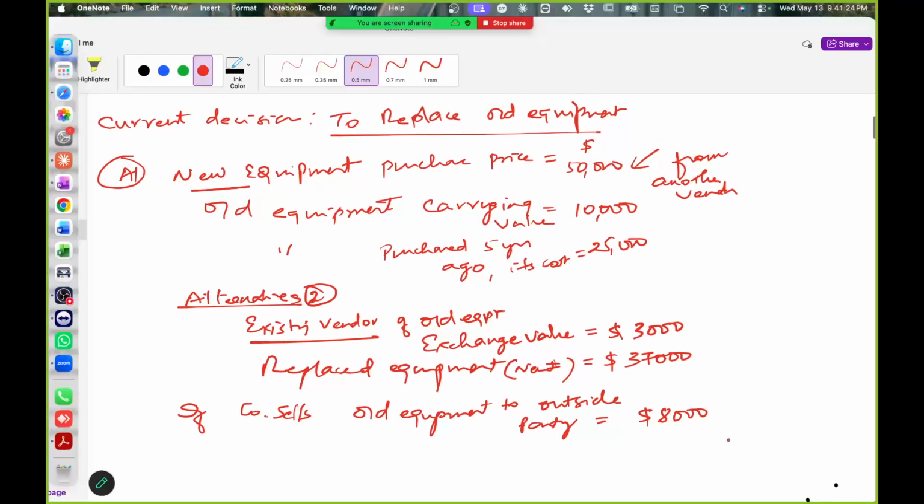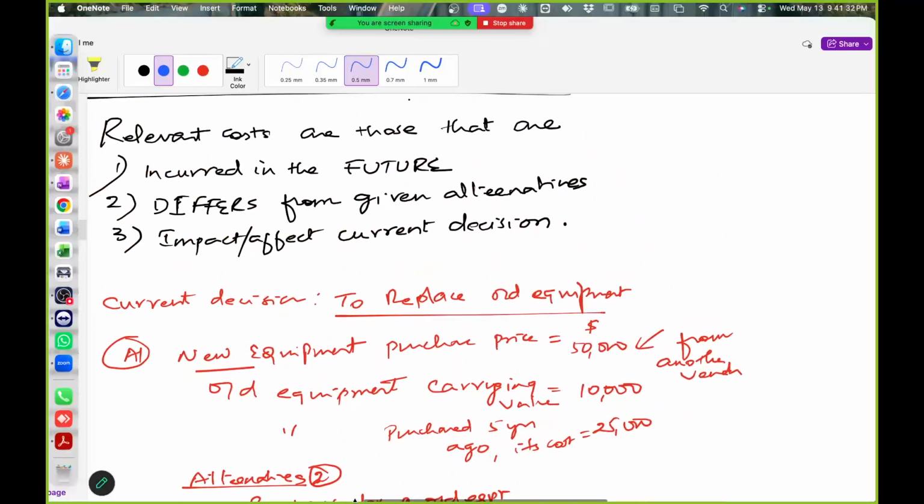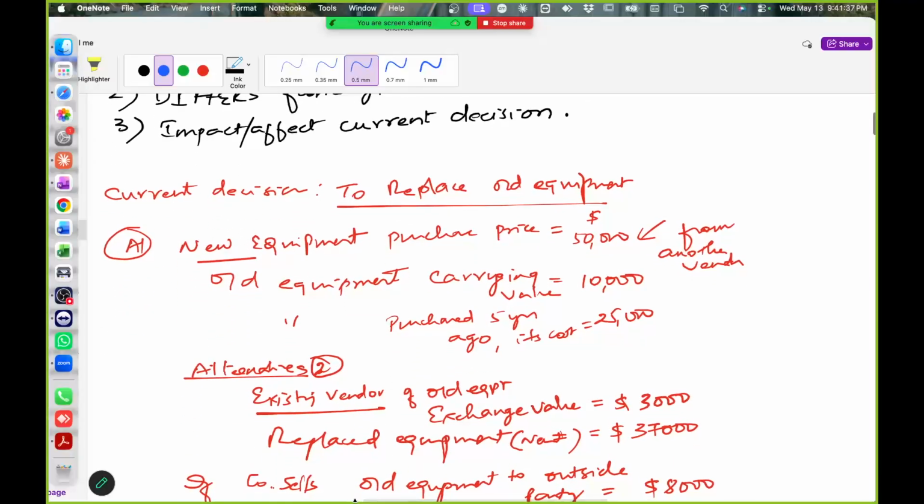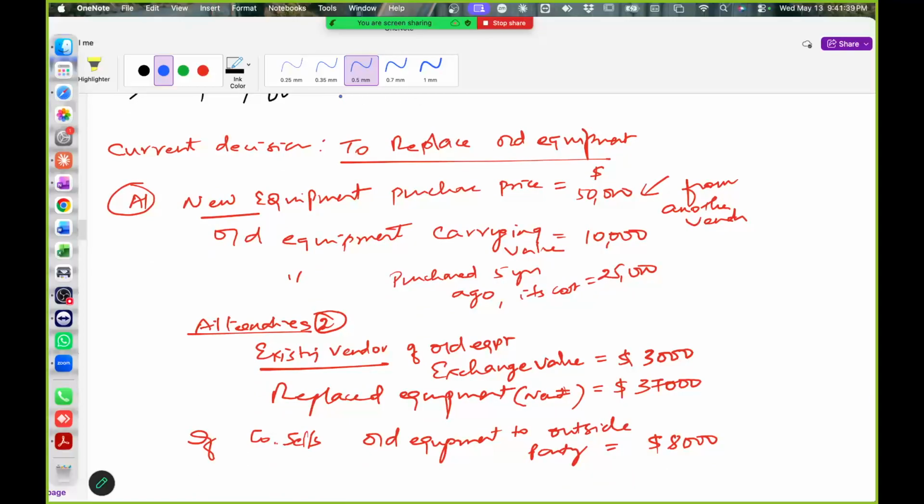Relevant costs are those that are incurred in the future. If we buy from the other vendor, yes, this is a relevant cost.